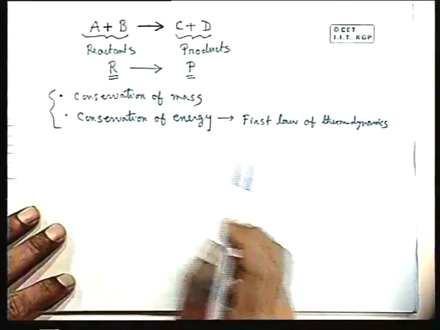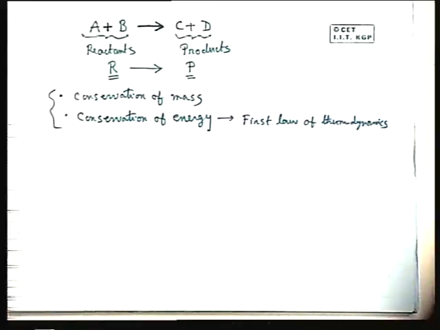So, we must know that even if the first law gives the quantitative statement of the conservation of energy, the second law is an independent law which gives the feasibility of a process, the direction in which a process takes place. We have discussed these things in detail. Similarly, the second law analysis will also come into the picture to tell in which direction a reaction will take place.